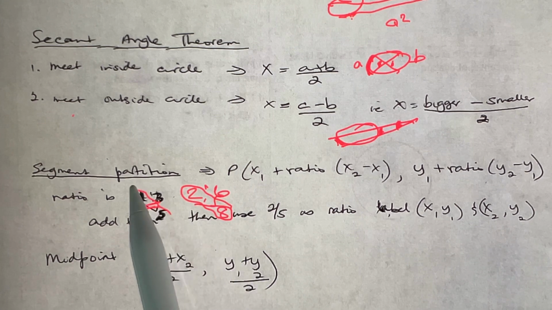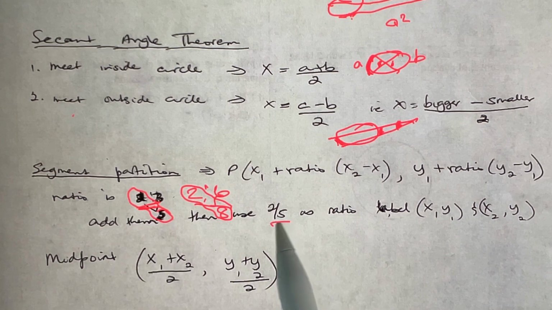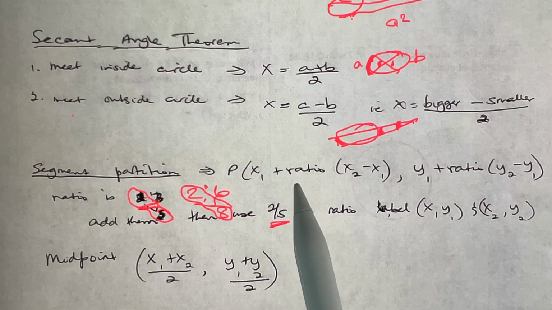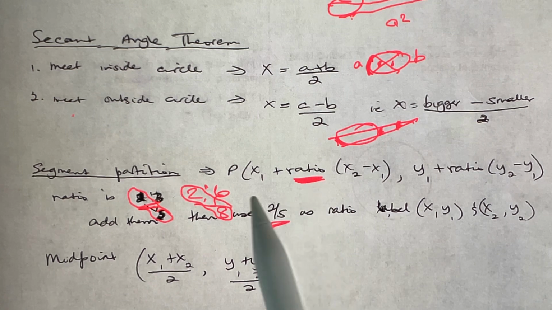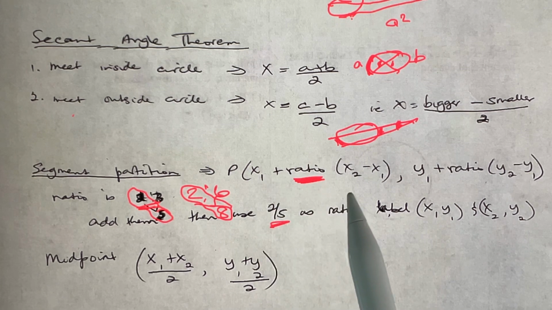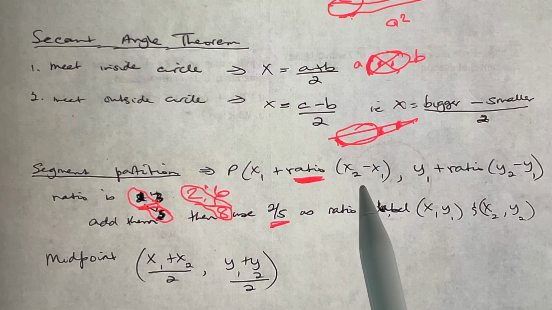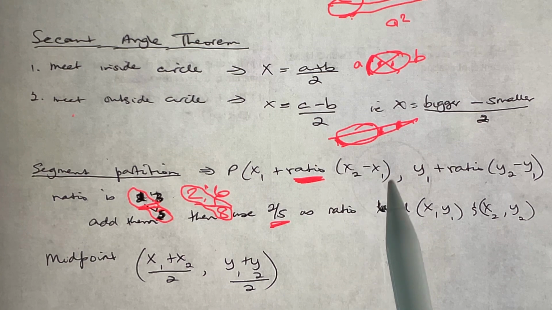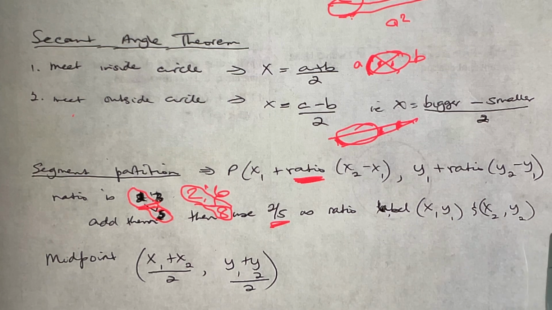So you take the first portion there, you use the 2/8 as your ratio. This is the ratio that you put here in your formula. Please, your x1 first, plus the ratio multiplied by your x2 minus your x1 value. Plug it in properly. Please label your x1, your y1, because you're going to be given 2 coordinates, okay? Your x1 and your y1.